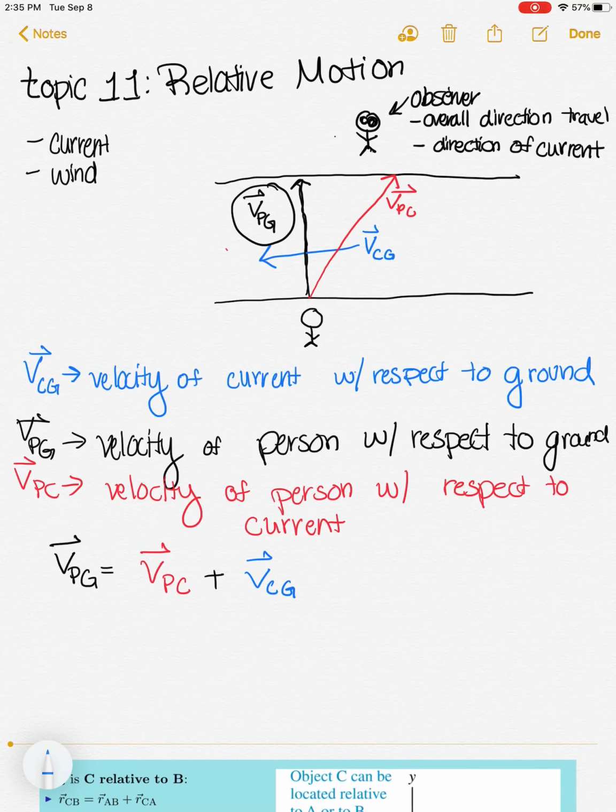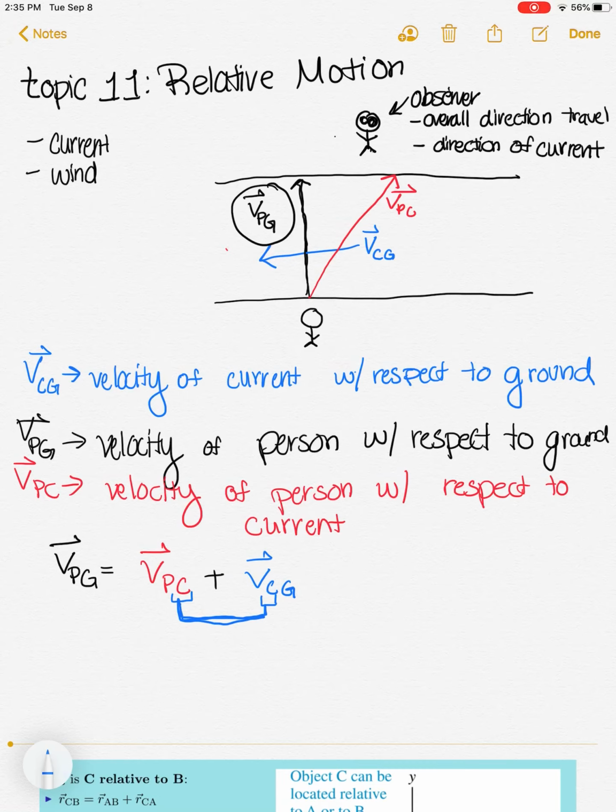I always know in relative motion if I'm adding our vectors correctly if I have this with respect to current or wind or whatever we're moving through, and I have these two little C's right next to each other. If these two C's aren't next to each other, then I know that I set up everything incorrectly.